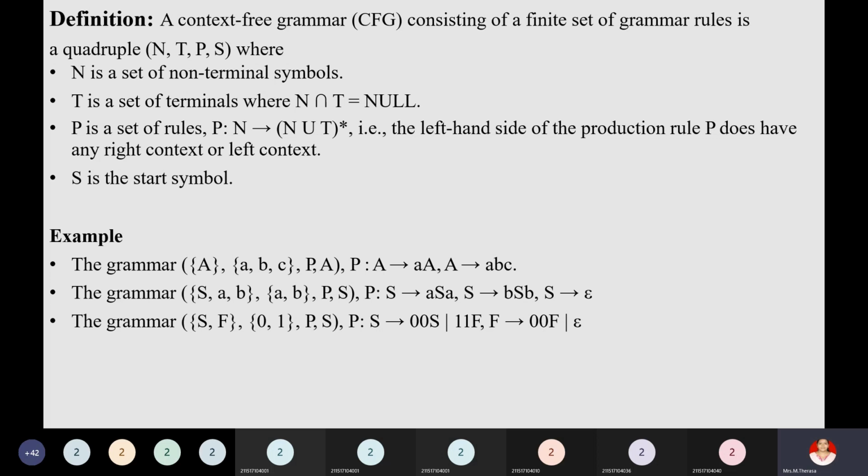That is what we can represent: N intersection T is equal to null, and P is the set of production rules, which should always be of the form where, at the right hand side of the production, you will have combinations of non-terminals and terminals.